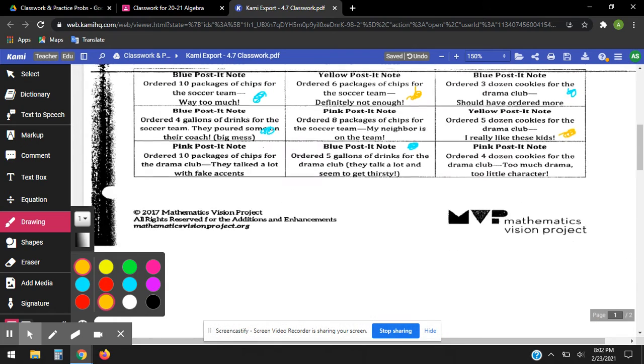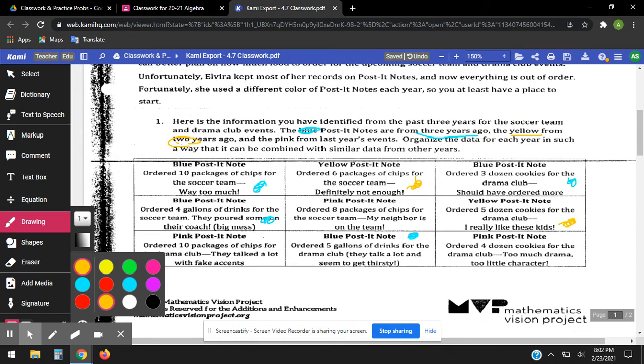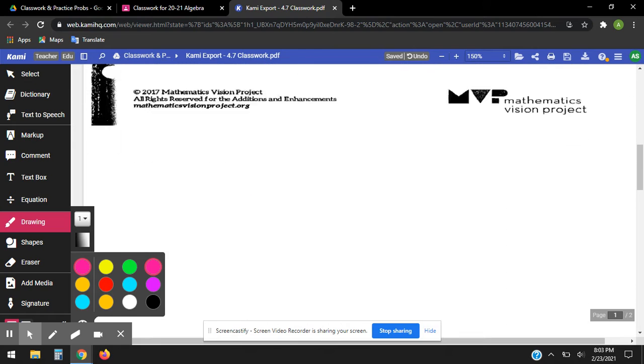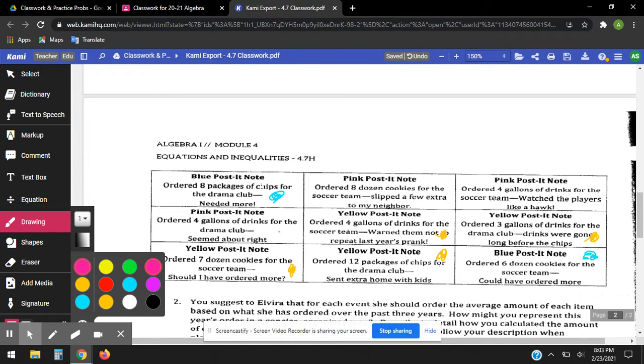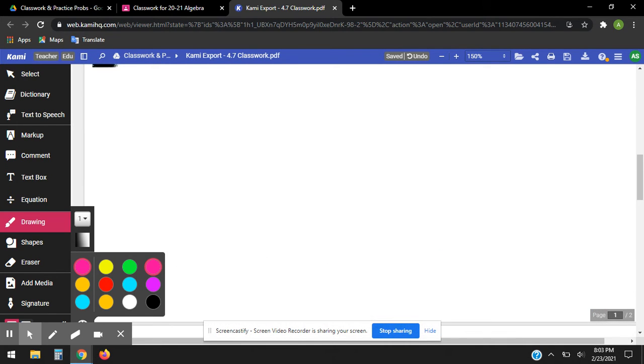All right, and then pink is from last year, really it's kind of a purpley pink. So here's a pink, here's a pink, here's a pink. Everything that's left should be pink, right? All right, I think we have a mark on everything.